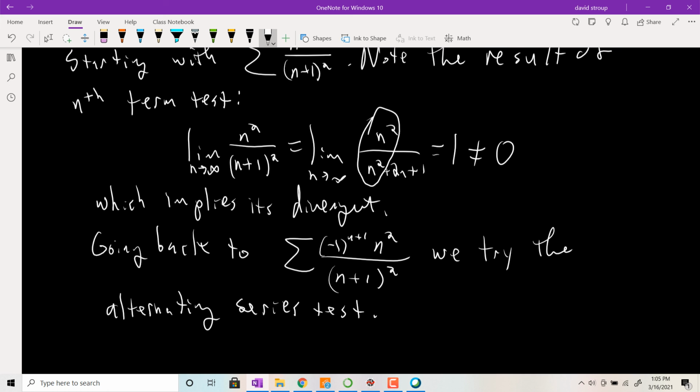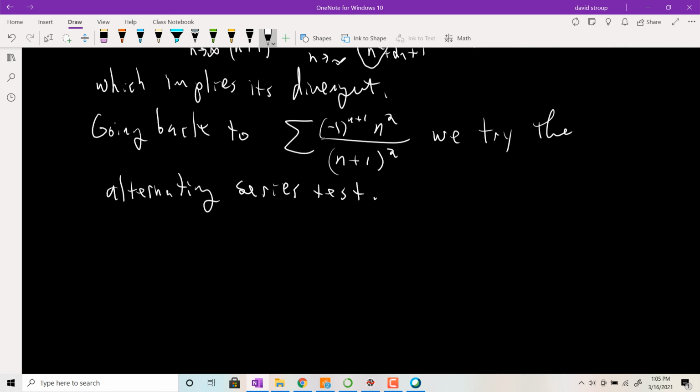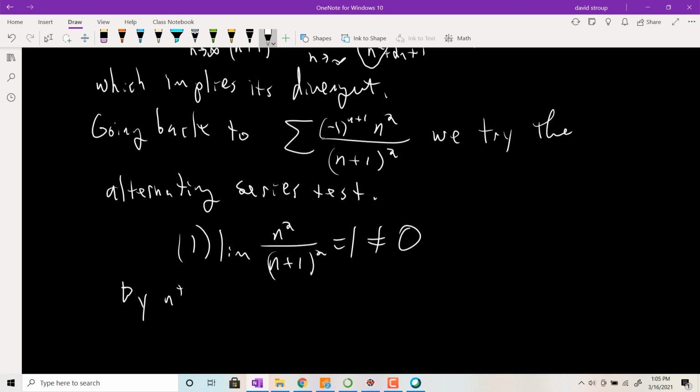So we try the alternating series test, and of course it's going to fail that first step. We just kind of already did it above. This will equal 1, which does not equal 0. You could then go to the nth term test.